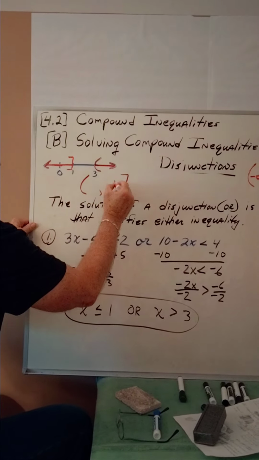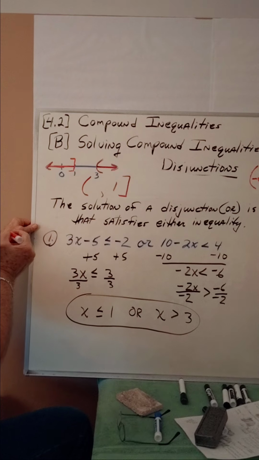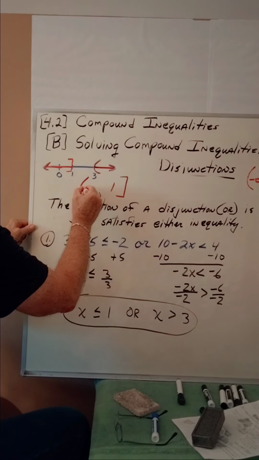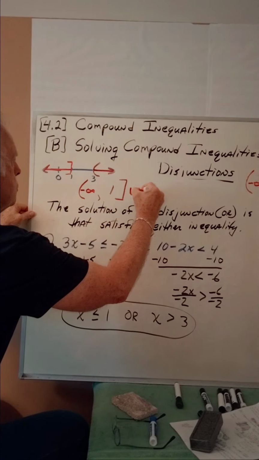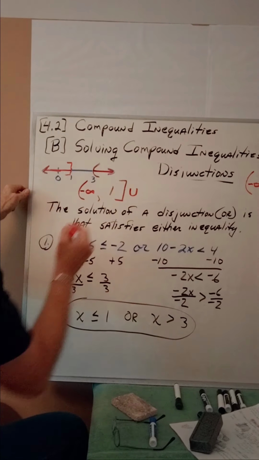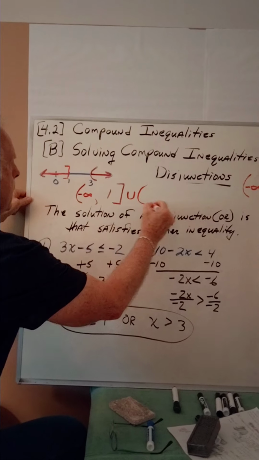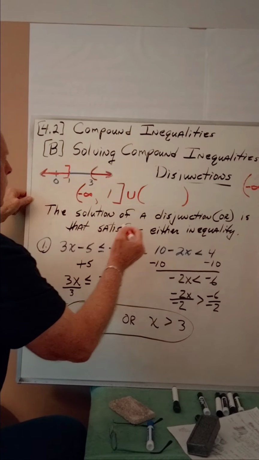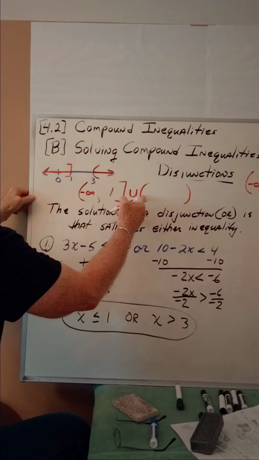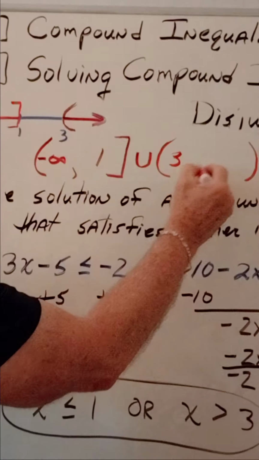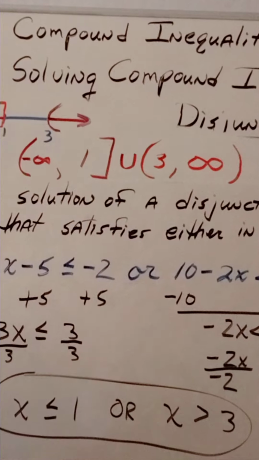Put that positive 1 there because it's the larger value of that interval, and negative infinity on the other one. Then a union symbol, and we'll go to this piece. A parenthesis, and another parenthesis. Next to this parenthesis, the smallest value of this interval, 3, comma, positive infinity, done.